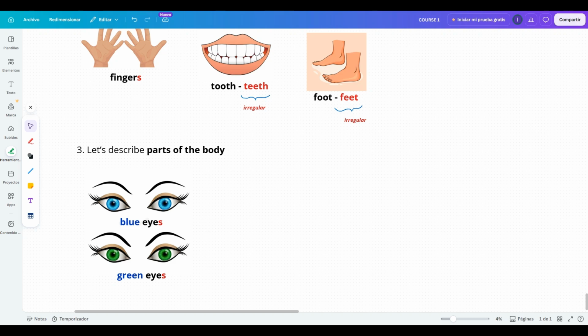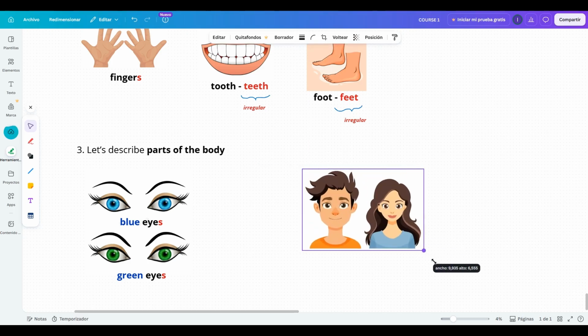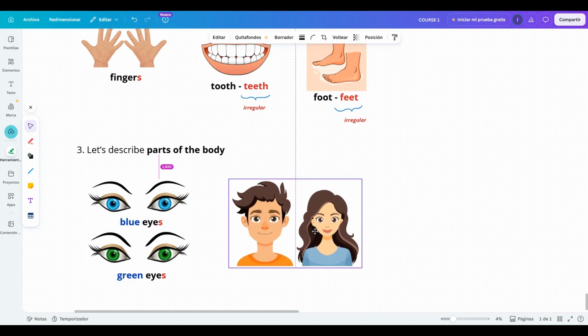Pay attention, please. Here you can see different people, right? Long hair, short hair. Okay. A boy and a girl. What about these people? Describe this, please.